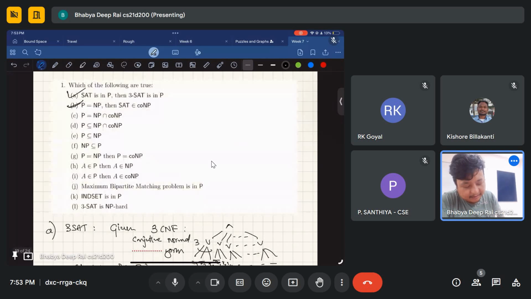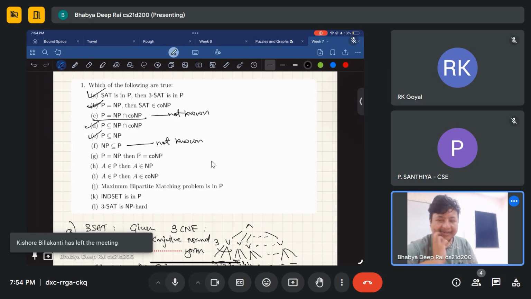So not known. P is contained in NP intersection coNP. Now this is known. This is true. P is contained in NP, true. NP contained in NP, true. P equals NP intersection coNP, not known.